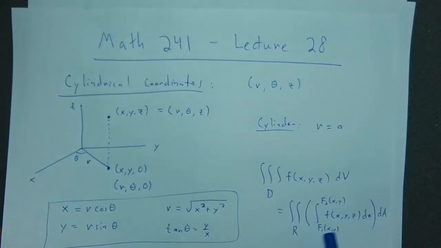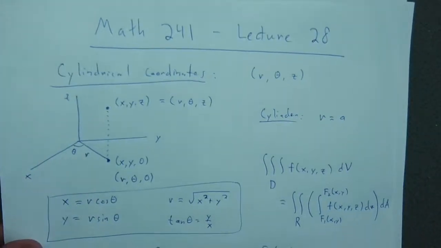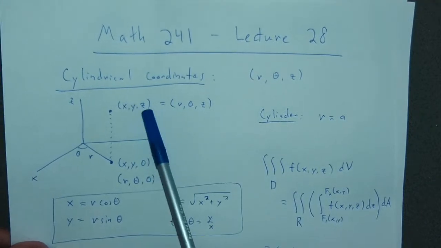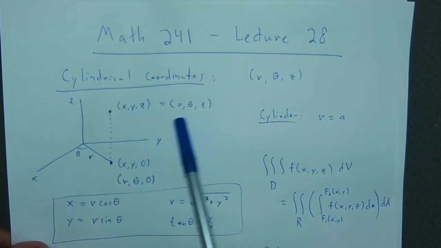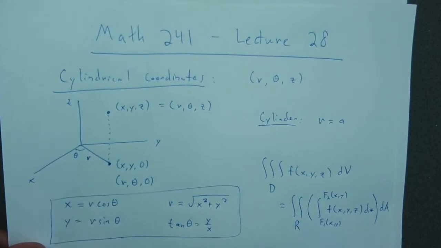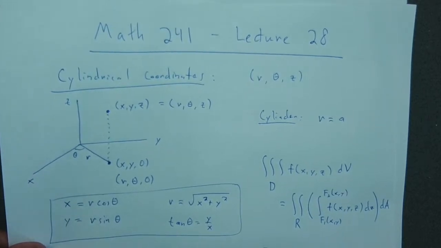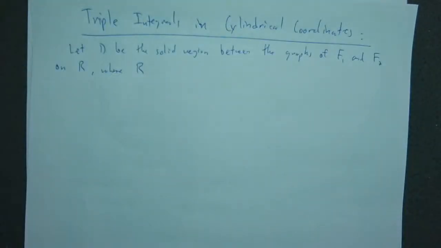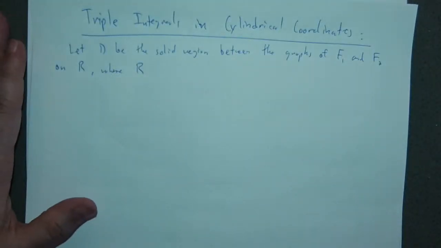So again, going back to what I said, the idea here is that my inner integral isn't really changed because I don't change the z going from rectangular coordinates to cylindrical coordinates. And then this R is going to be recast as a region expressed in polar coordinates, right? So between the polar graphs of some functions.